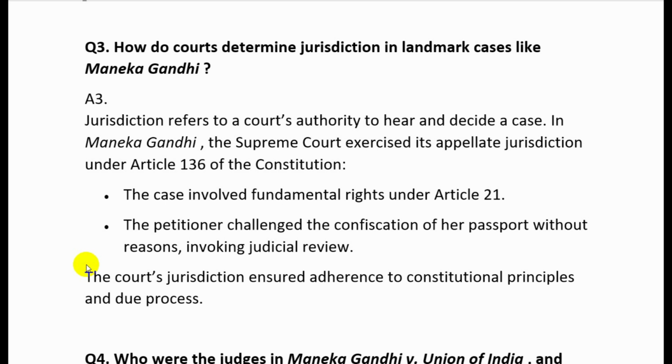The case involved fundamental rights under Article 21. The petitioner challenged the confiscation of her passport without reasons, invoking judicial review. The court's jurisdiction ensured adherence to constitutional principles and due process.